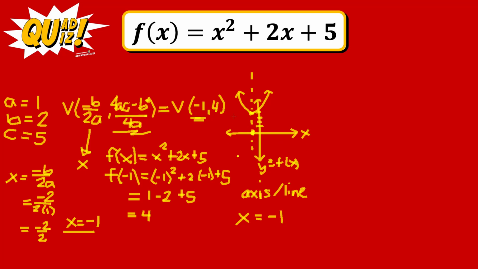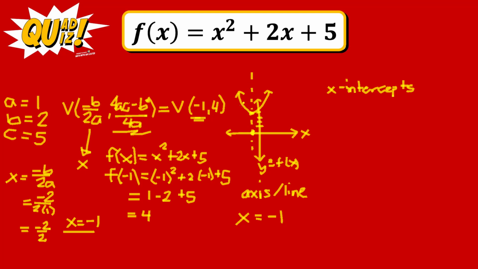Now, with this graph here, again, it is not needed, but we are going to use it to predict or analyze the x-intercepts. The intercepts are points on our x-axis where our graph will intersect. The graph doesn't include the axis of symmetry, okay? Just this parabolic graph.